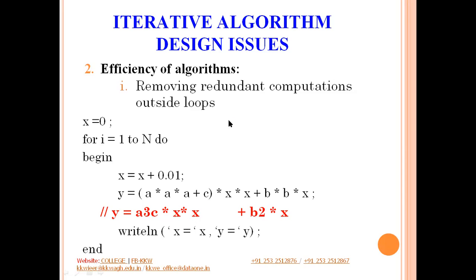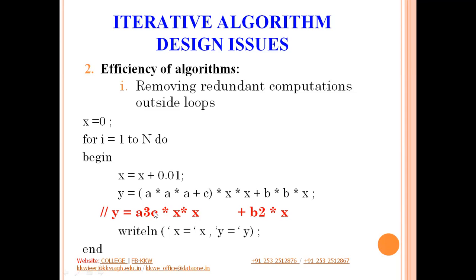The advantage of doing so is, instead of writing y is equal to this entire thing, we can write y is equal to a3c into x plus b2 into x. This initialization we have made once outside the loop. So again and again, you need not do the same computation of a into a plus c. You need not do b into b n number of times.